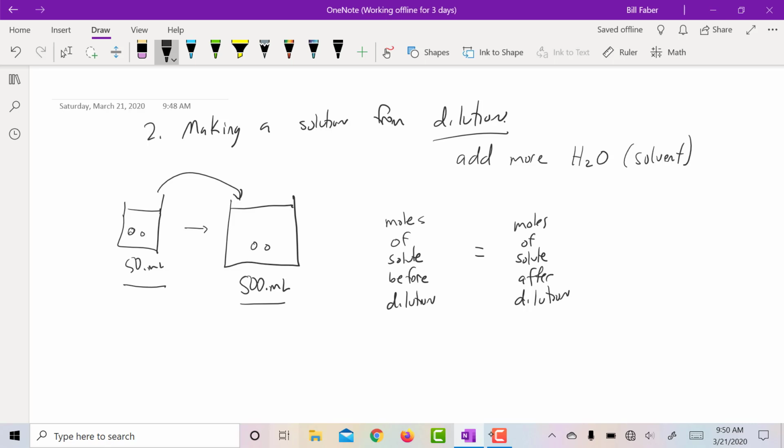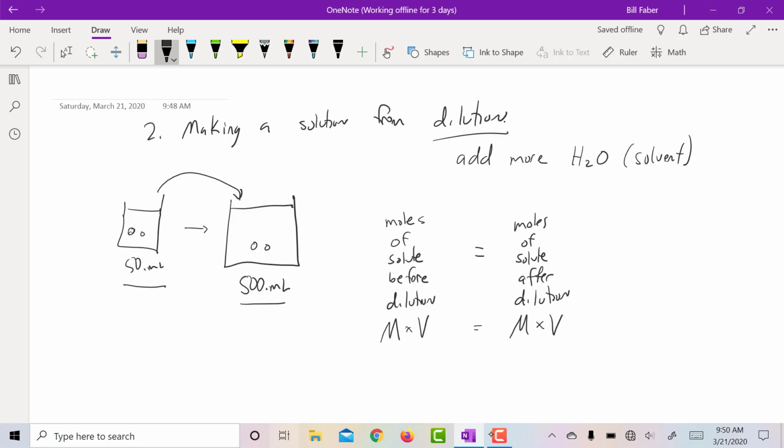So if you were to take a glass of orange juice and add water to it, you still have the same amount of sugar in both the pre-diluted and post-diluted. So hopefully that makes sense. And so what we do is we use this equation where we say the molarity of this solution times its volume, because remember that equals moles, is the molarity of this solution times this volume.